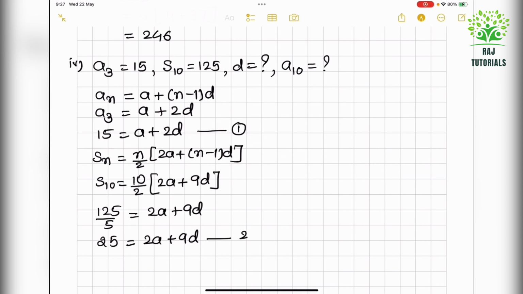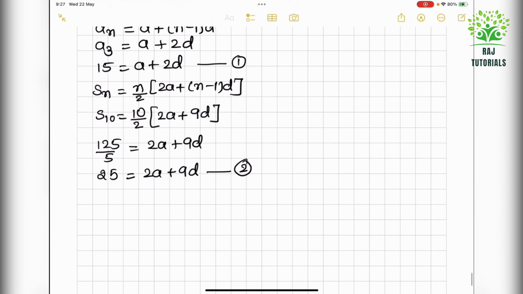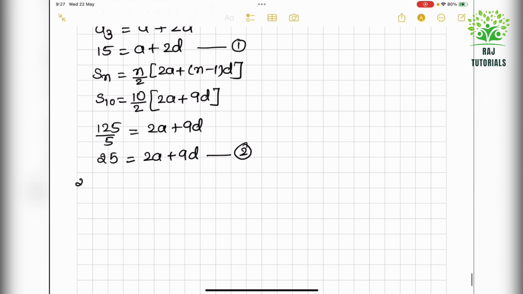This is my second equation. If I multiply equation 1 by 2, we get 30 equal to 2A plus 4D, and second one multiplied by 1 implies 25 equal to 2A plus 9D.